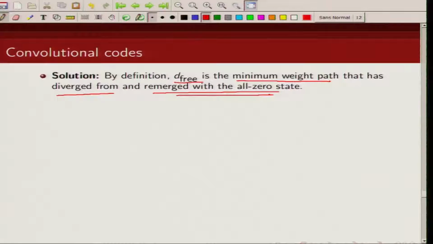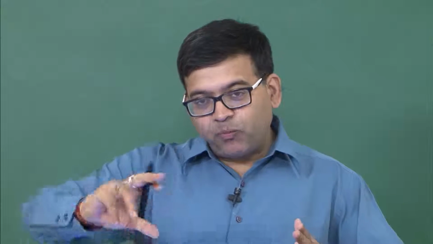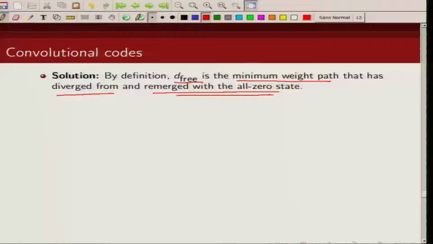How do we find the minimum weight code word? If you have a convolutional code, without loss of generality, let us say we are transmitting the all 0 code word, then the minimum weight code word will be the minimum weight along a path that goes through non-zero states.